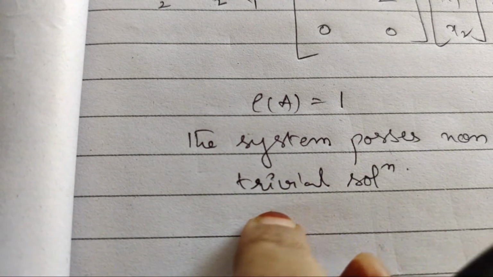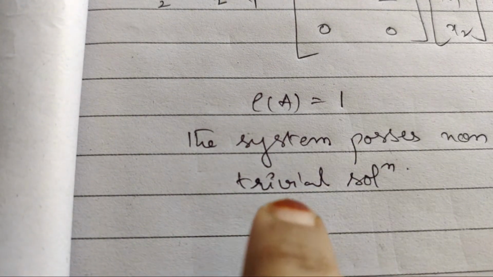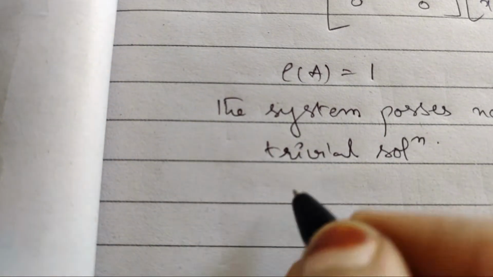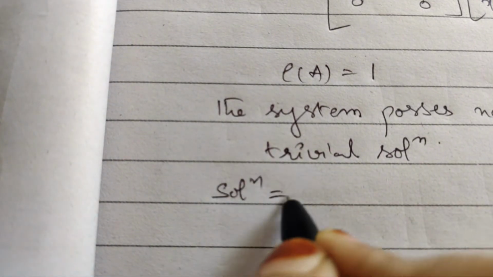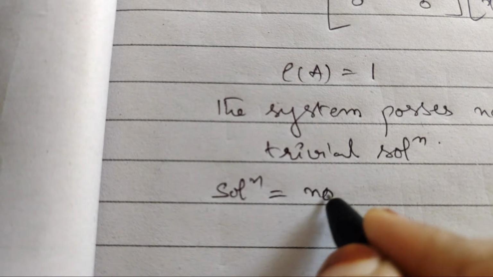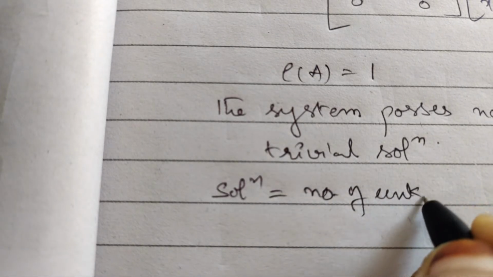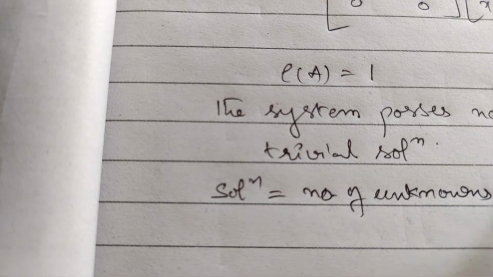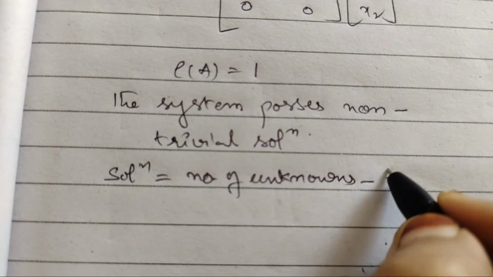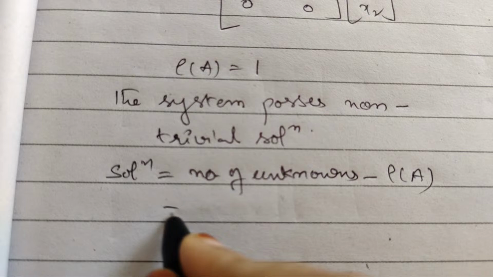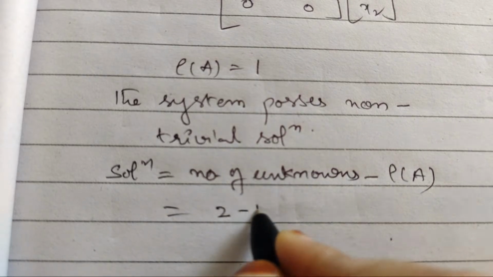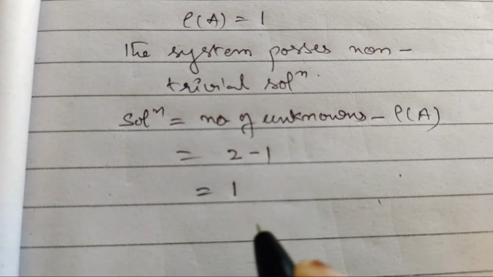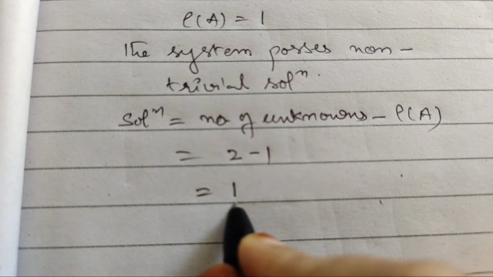It should not be equal to 0; the vector should have at least one non-zero element. So the number of solutions equals the number of unknowns minus the rank of A. The number of unknowns is 2 and the rank is 1, so it equals 1. So we are going to get one solution.